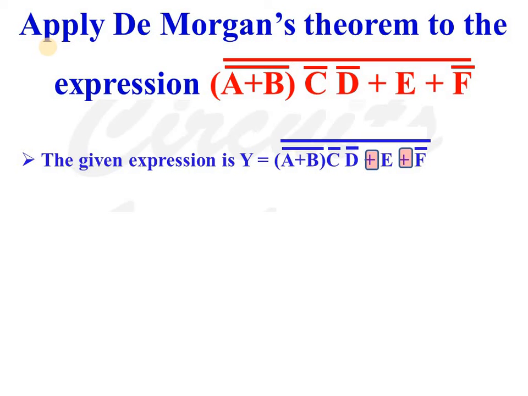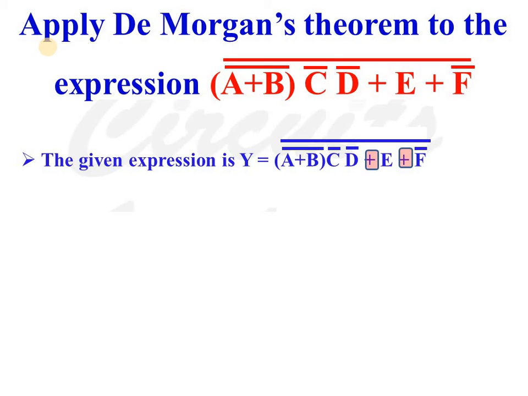So basically, this is a NOR operation with three input variables. The first input variable is A or B bar and C bar and D bar. The second input variable is E, and the third input variable is F bar.